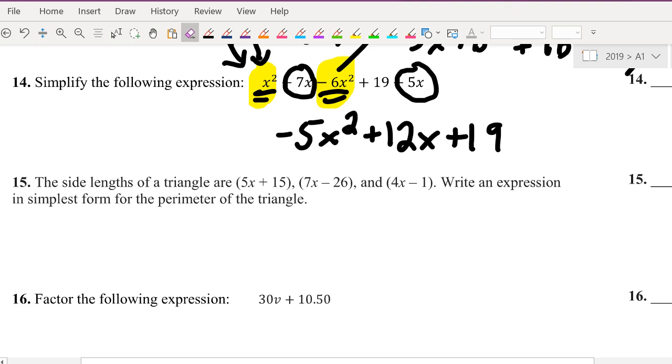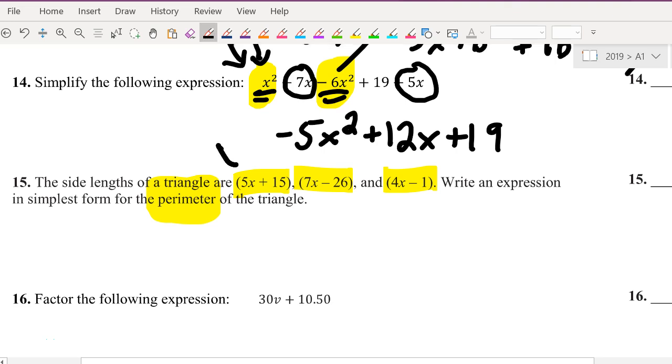Good question though. Okay, the side lengths of a triangle are given. Write an expression in simplest form for the perimeter. Perimeter means to add all the sides.